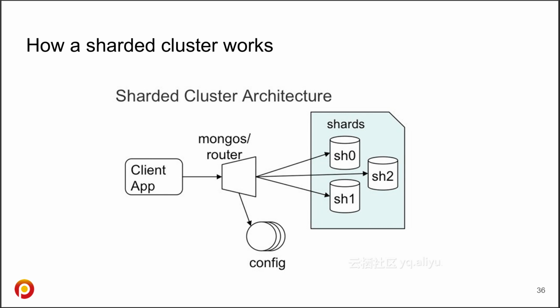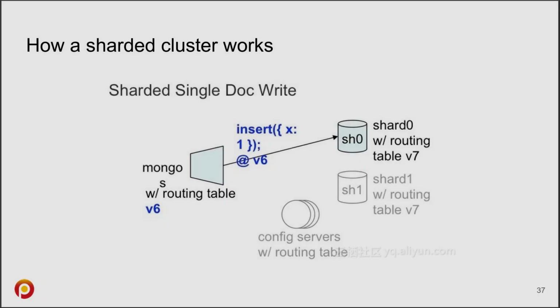As we can see, we have here the client app, as my colleagues already showed something similar, the mongos, also known as Mongo Router, the shards, and the config servers. And nowadays it's a replica set. And how do we keep in sync?